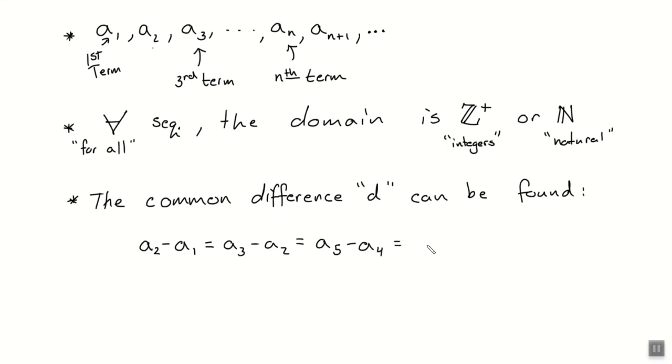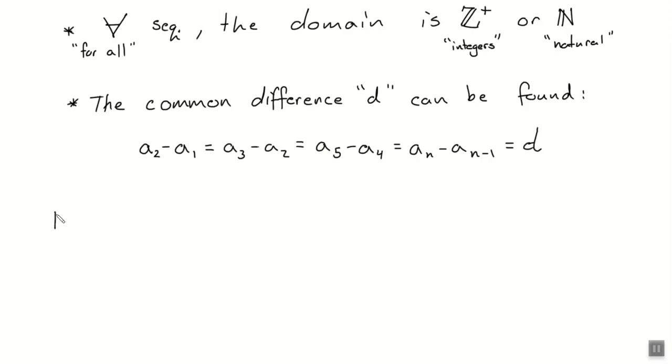And finally, it's the same as, and we're going to write this a few ways just so we can see it, A sub n minus, what's right before that? Careful. A sub, what's 1 before n? How would you write that down? N minus 1. All of these are going to be the exact same number. We're going to call it d. If it's arithmetic, you will find this number. And it's really easy to check then if we have an arithmetic sequence or not. So let's dive right in. Example, all I want to know with these is arithmetic, question mark.